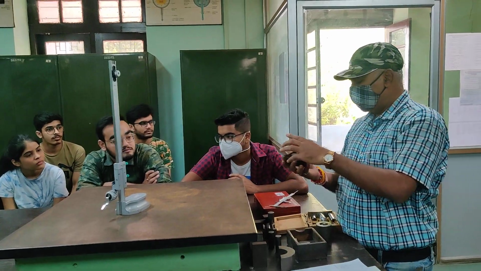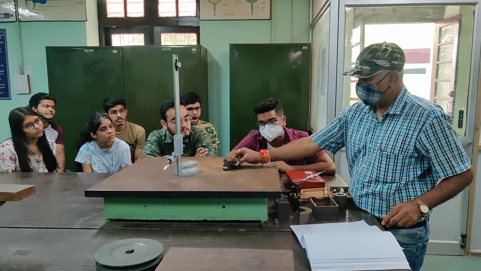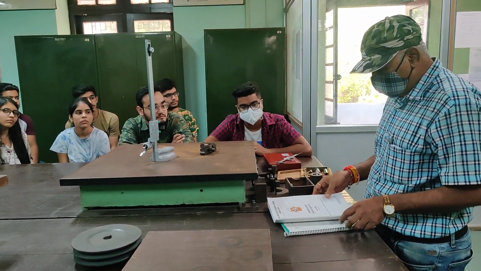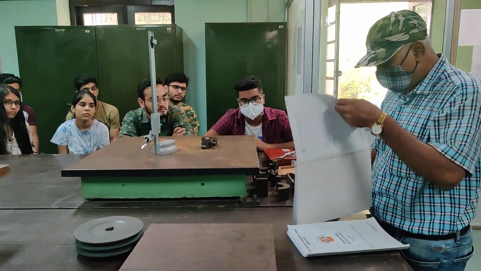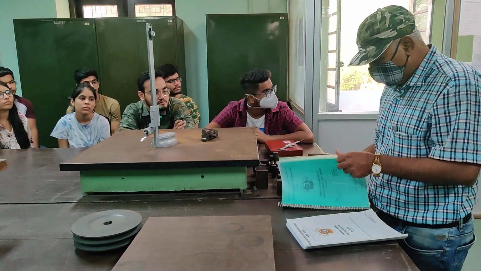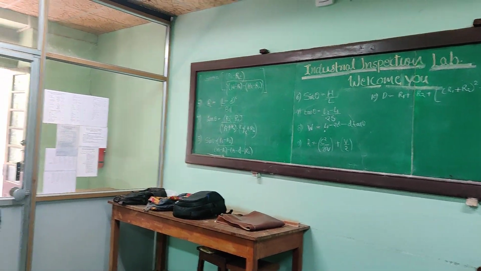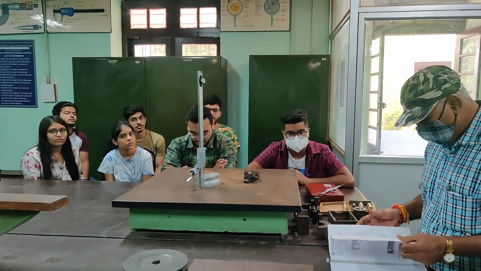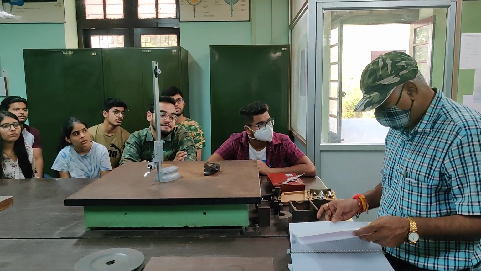So by getting this, we have to use the drawing in which the formula is used for h by L. Sin theta is equal to h by L. Sin theta or tan theta? Sin theta.